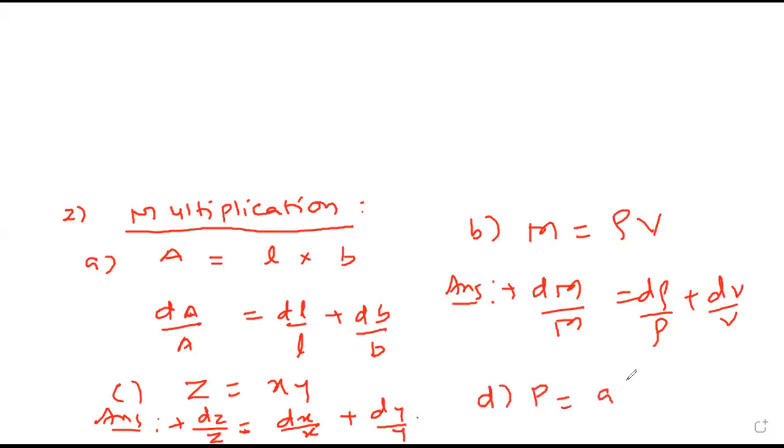If P is A, B, C, Pratham, how to proceed? dp upon p is equal to dA upon A plus dB upon B plus dC upon C. Yes, that means we are always adding this error. Copy this 4 point.